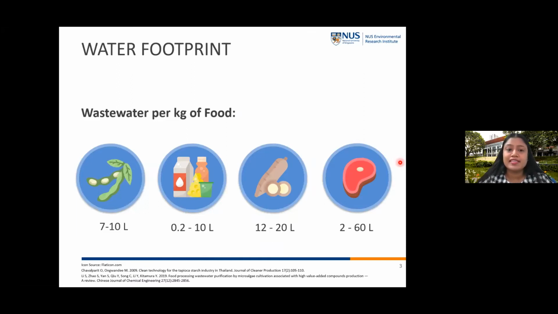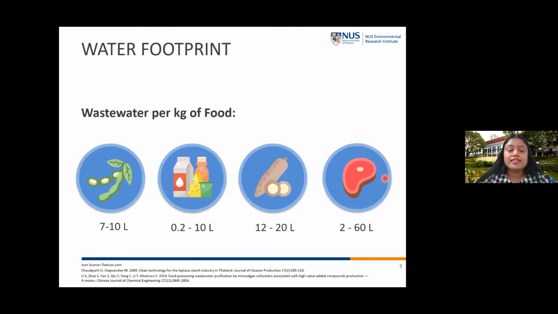Now, food processing industries consume a lot of water compared to other materials. They also use water to clean their raw materials and to wash the equipment. If we take a look at these examples that I have put on the screen for you, the soybean processing industry generates around 7 to 10 liters of wastewater.